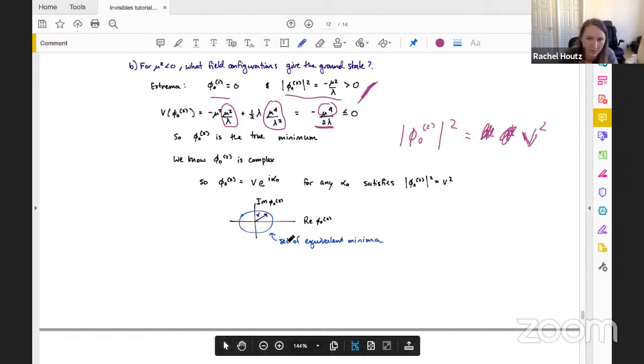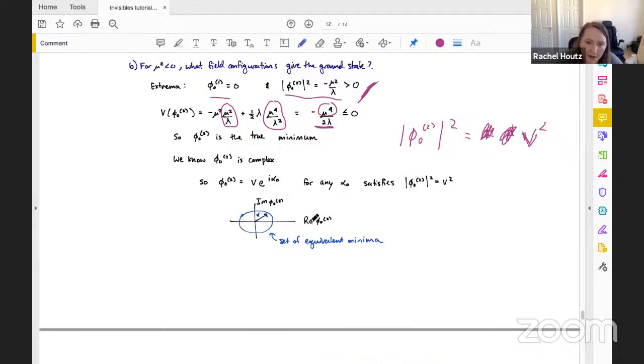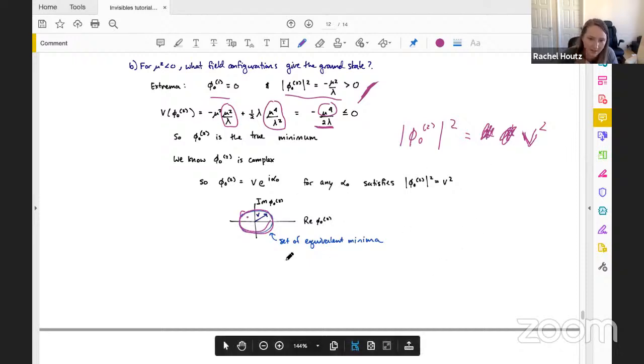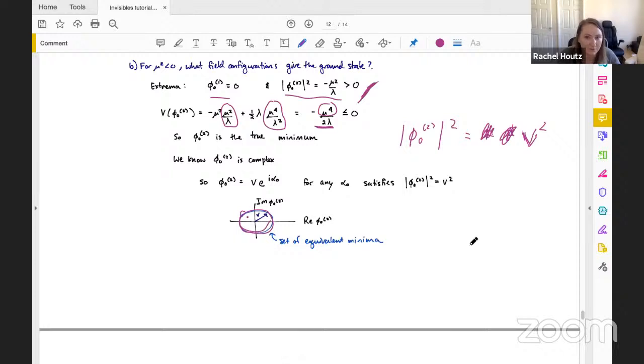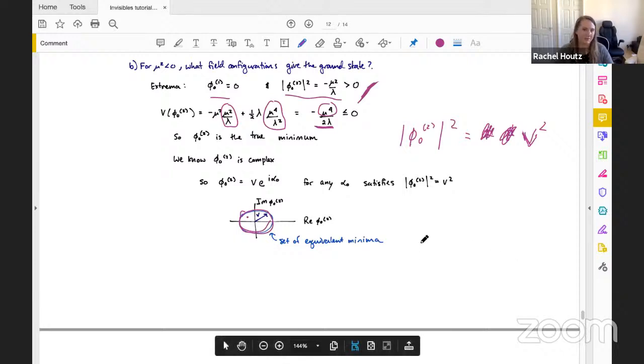And if you plot this in a plane of possible values of the complex field phi, where one axis is the real part and one axis is the imaginary, any value of phi that lives on this circle will satisfy this condition and will give you a minimum. So you have this continuous set of equivalent minima, which you know from lectures should yield a massless particle based on the Goldstone theorem. So let's see if we get this.